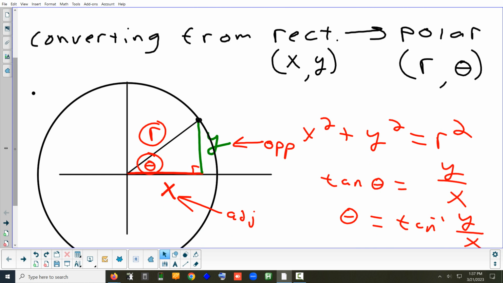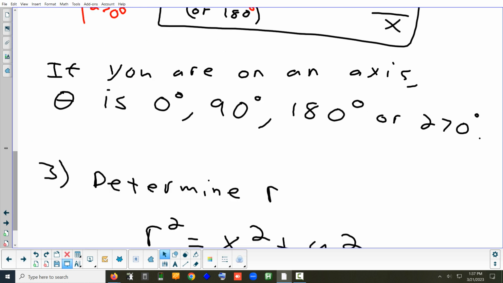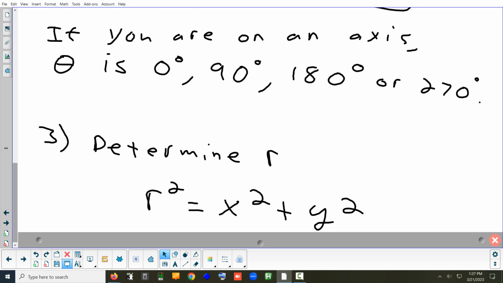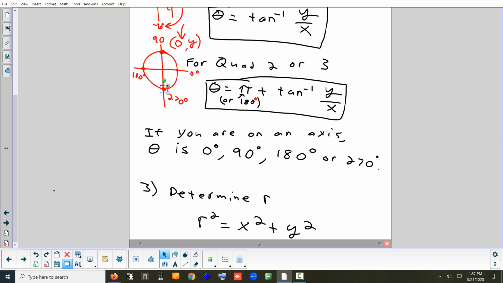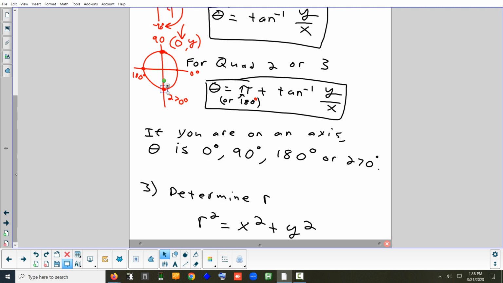Plug those two numbers into Pythagorean theorem, and you'll get the radius. And that formula works all the time. It doesn't matter what quadrant you're in. You don't have to do anything special if you're in a different quadrant. Okay, so those formulas are how you find your angle. And that's how you find your radius.